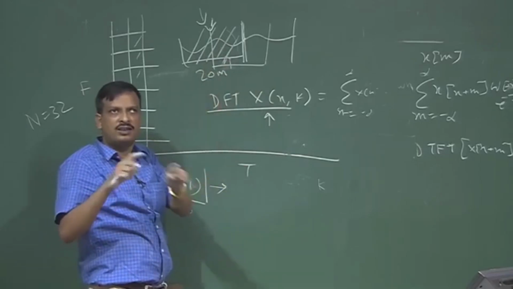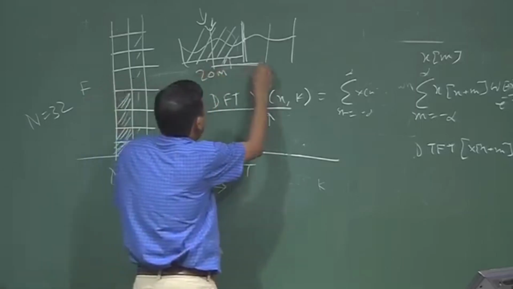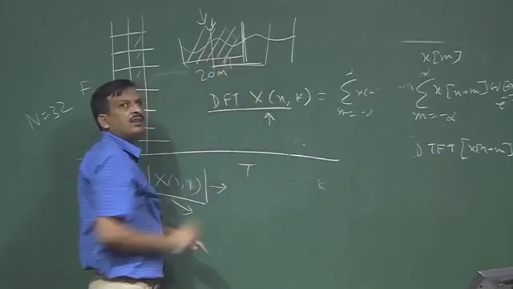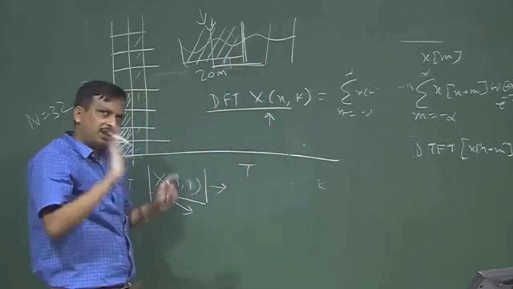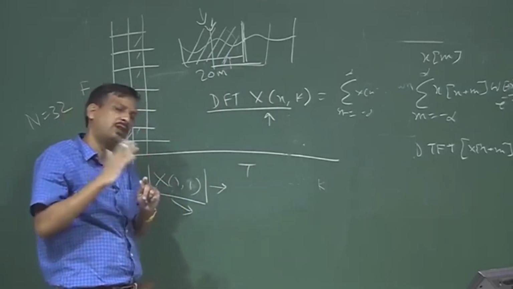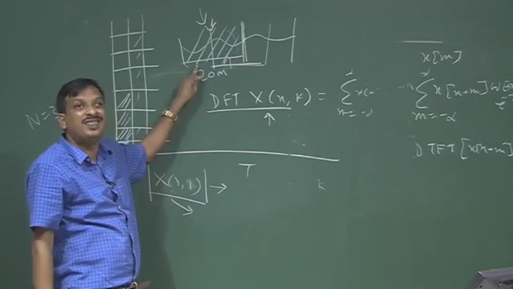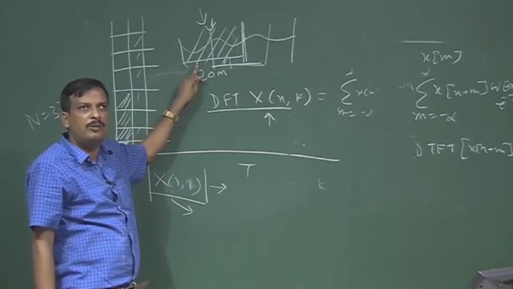That we will discuss in the synthesis part. If I do the 50% overlap, then there is no problem. I will discuss why it is 50%, why not 60%, 70%, how much is allowable and how much is not, during the STFT synthesis, that is the OLA method and FBS method.